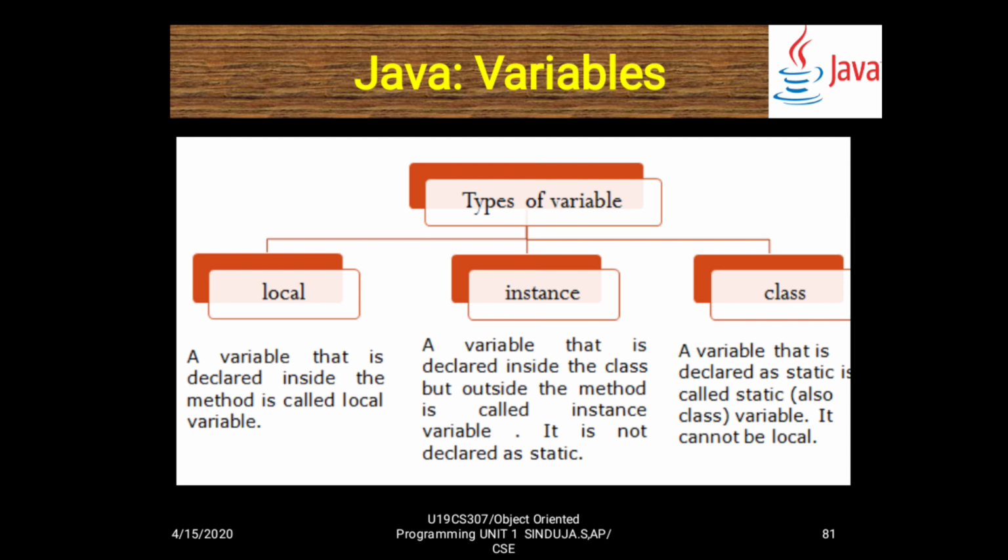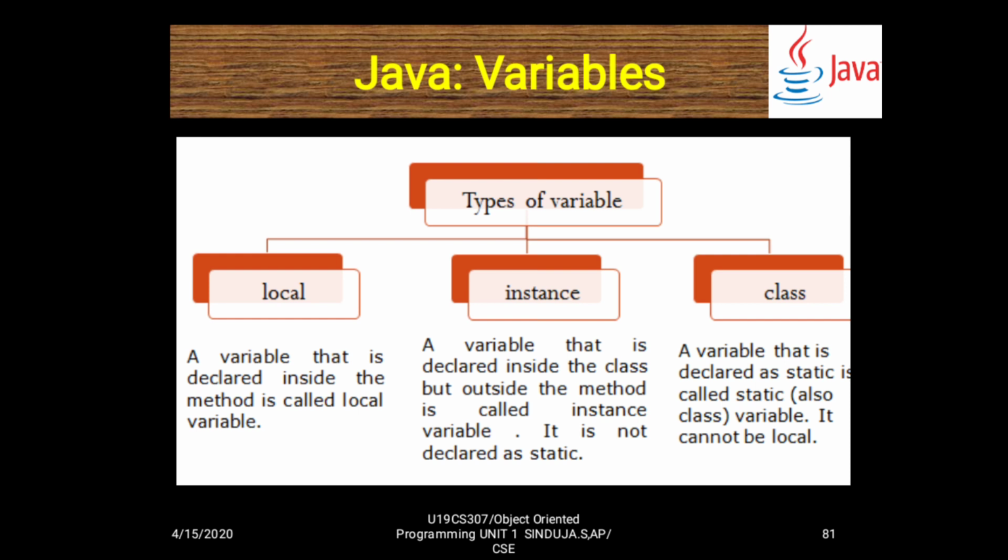Okay, so based on that, we have three kinds of variables. These three kinds of variables differ in behavior, in where they have been defined, and in what rights they have. Because of these two aspects, these three variables differ. One is the local variable. A local variable is a variable which is defined inside a function.